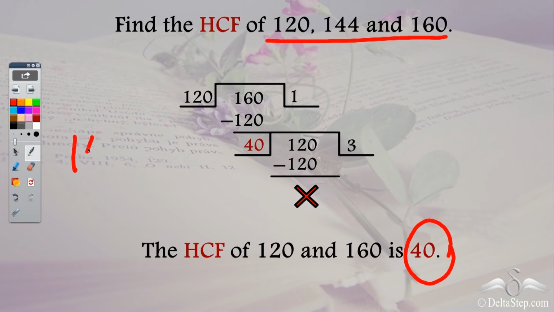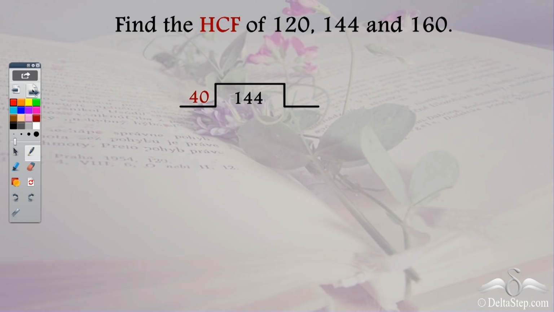So now, considering that the 2 numbers that we have are 144, which is the number that we left out, and 40, which is the HCF. We need to find the HCF. That is, we need to divide the larger number, which is 144, by the smaller number and follow all the steps of long division method to find their HCF.